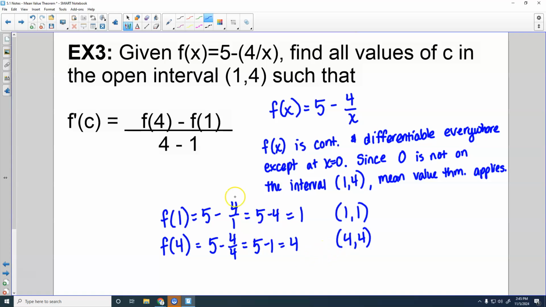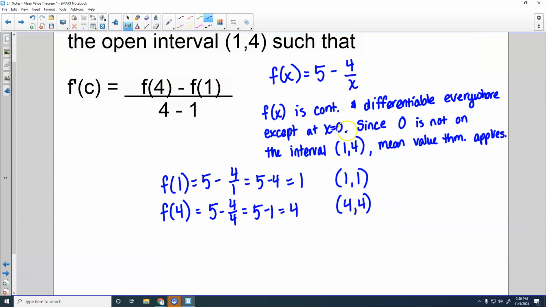And so we need to find f of 4 minus f of 1 over 4 minus 1. So that would be 4 minus 1 over 4 minus 1. We will get 3 over 3, which is 1. This is our average rate of change on 1 to 4. Write it out, especially on a free response test or quiz.